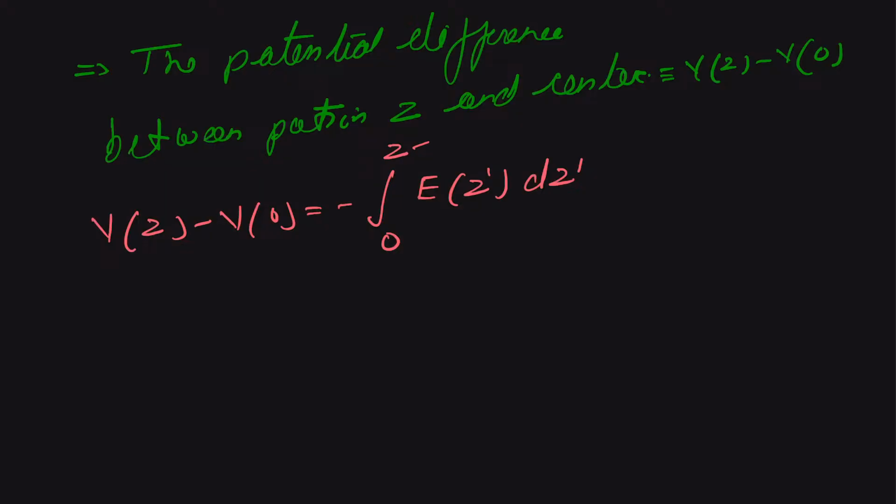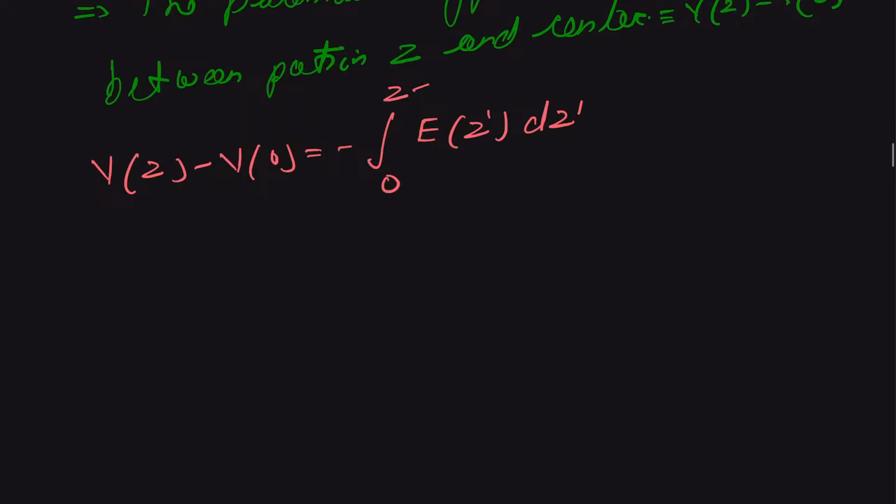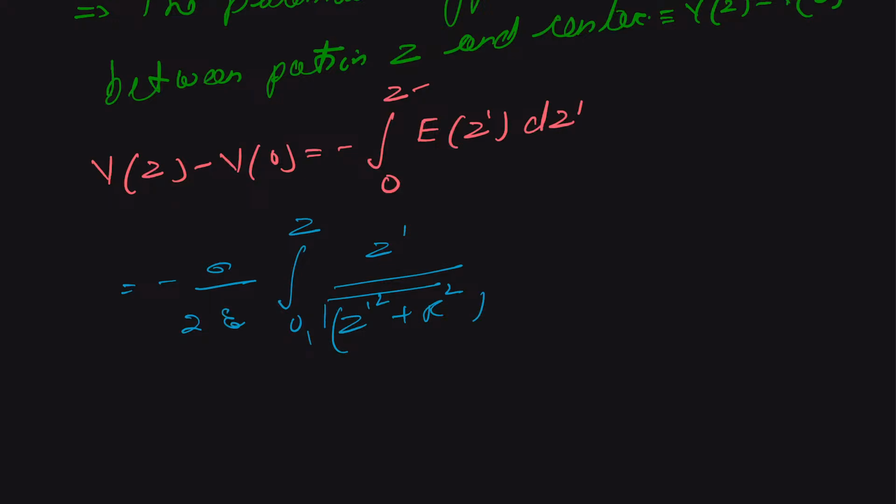That's only signaling, otherwise it doesn't matter. And so we substitute this electric field, so we get minus sigma upon 2 epsilon naught, integral from 0 to z of z prime divided by the square root of z prime square plus r square, dz prime.